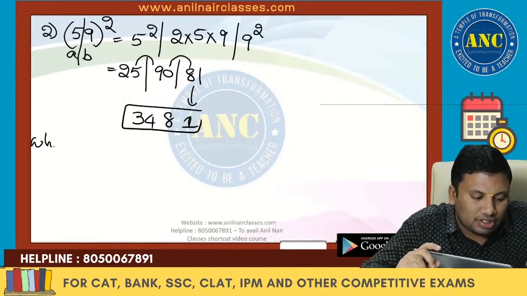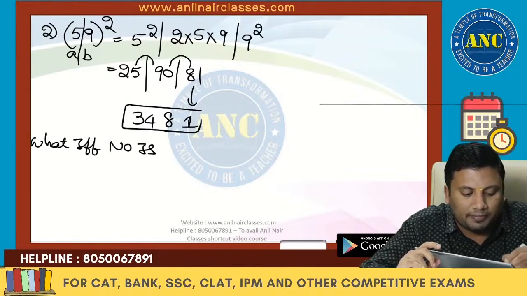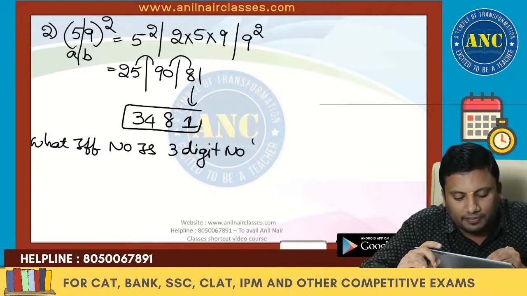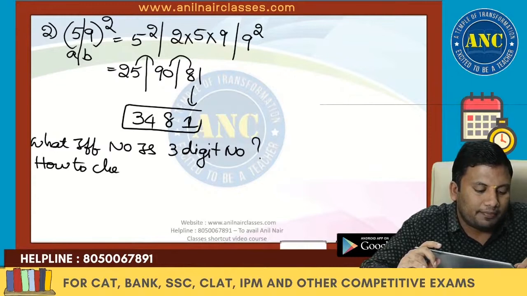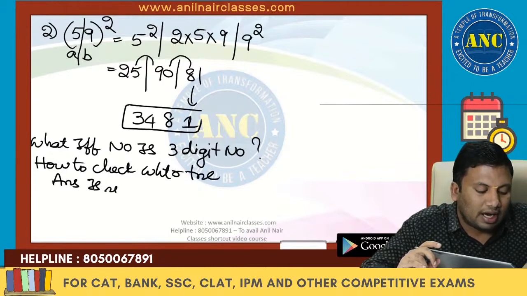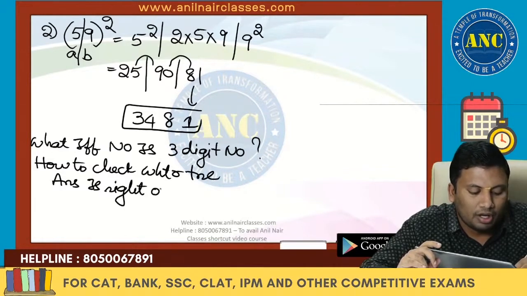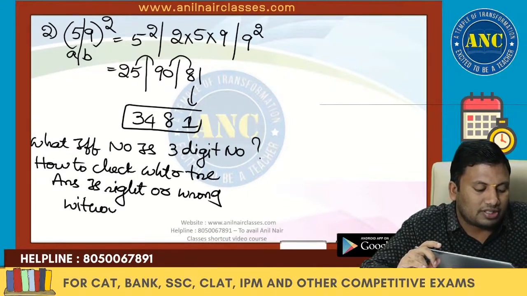Then the next question arises. What if the number is a 3-digit number? And the first question: how to check whether the answer is right or wrong without using a calculator? A calculator is developed by a human being.